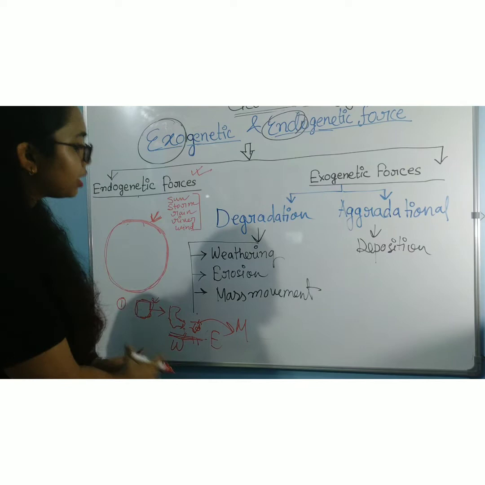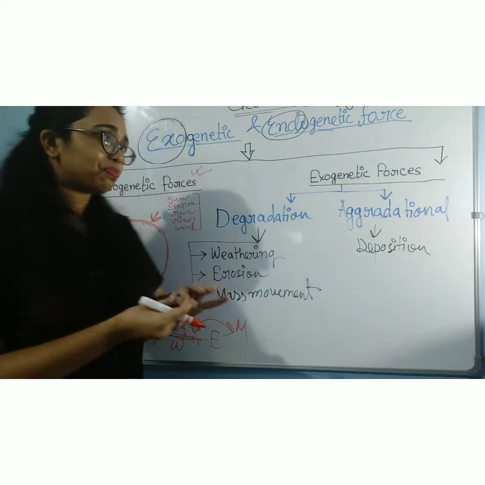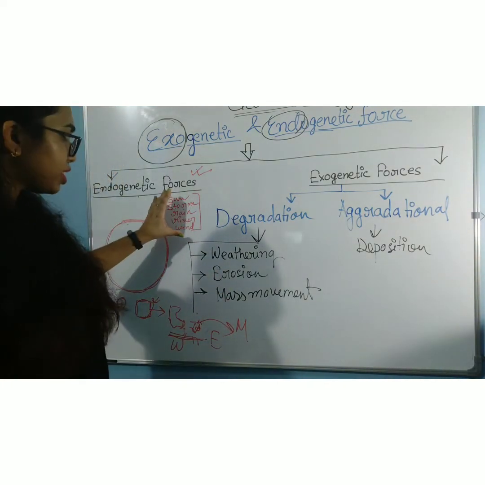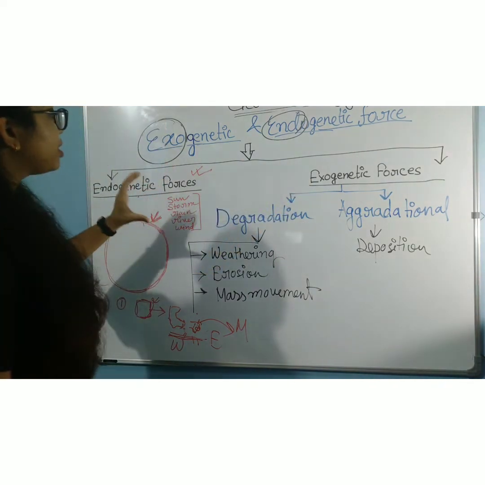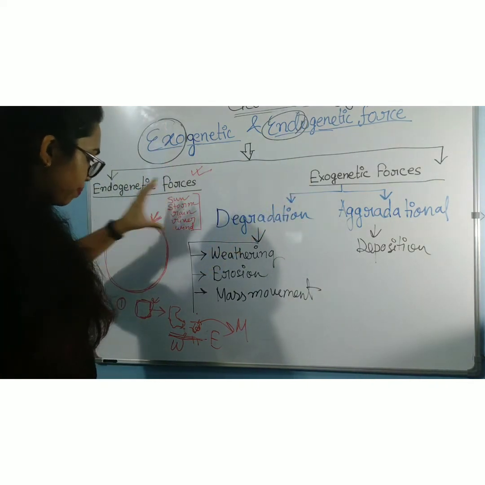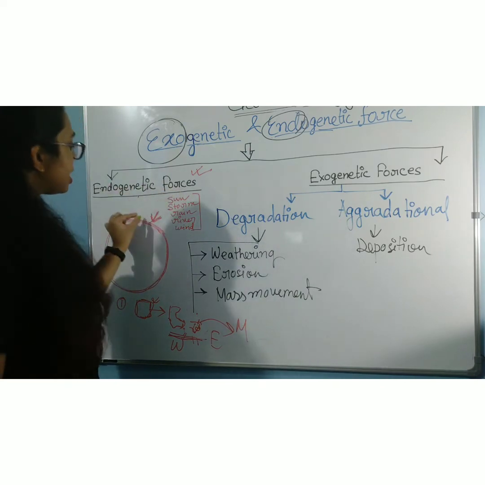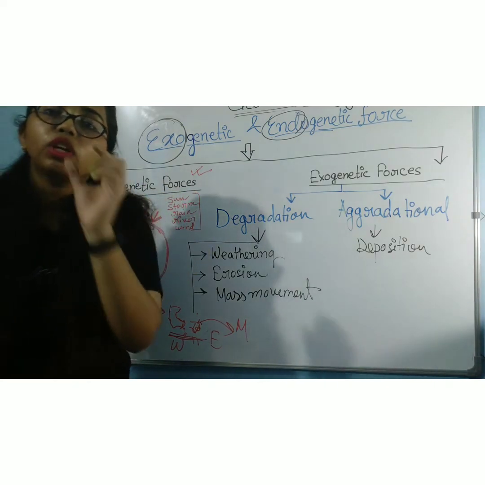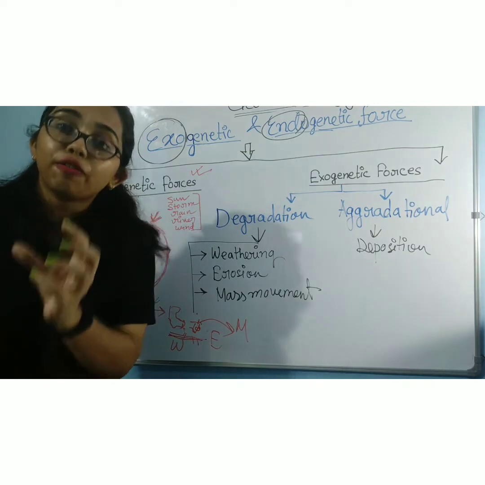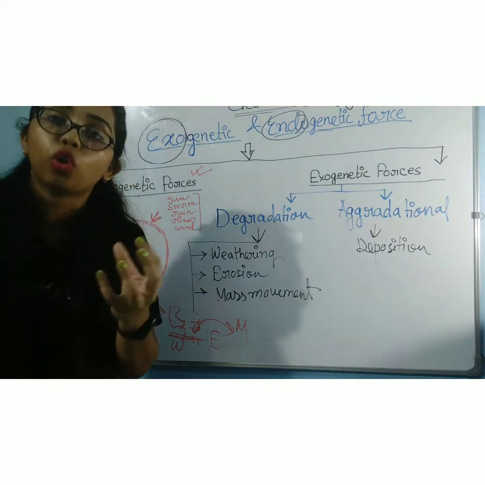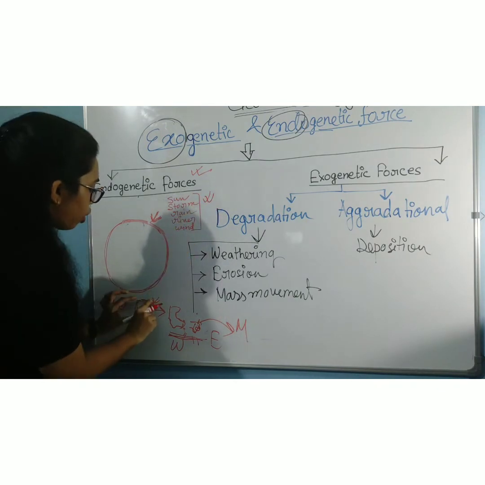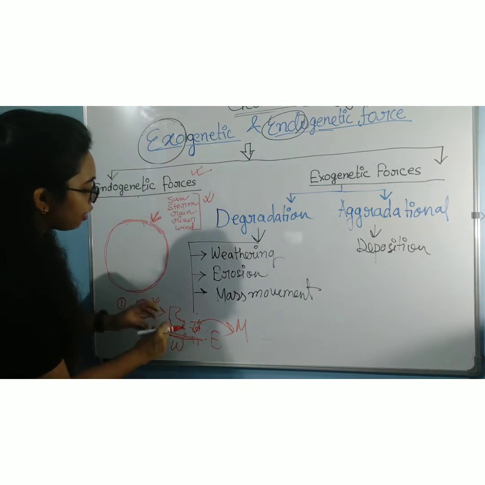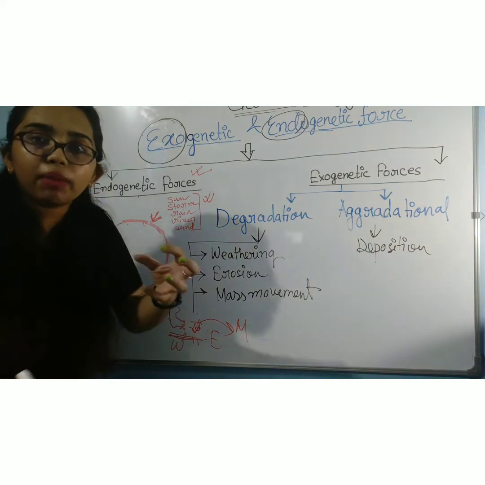So the total matter is just like that. Due to these external forces, as they are exogenetic forces, they work on the surface of the earth. The surface is made by several types of rocks. When these forces work on rock, the rock gets fragmented into broken particles.